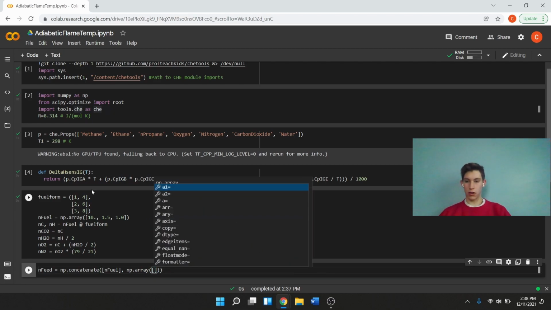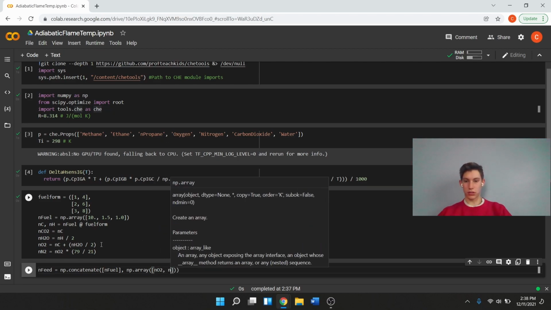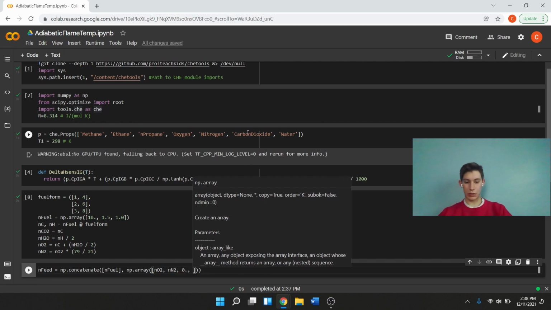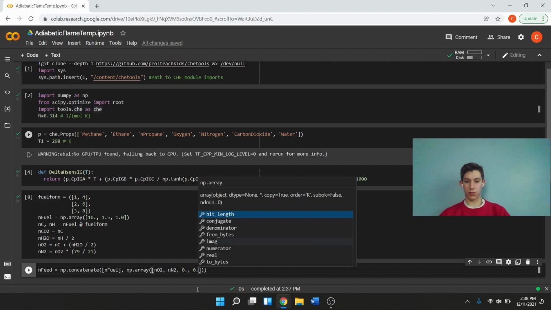The moles of the fuel represents these first three, so methane, ethane, propane, and then we're going to have to say the moles of oxygen, the moles of nitrogen. We don't have the carbon dioxide in the feed, so we'll have to say just 0, and same with the water.